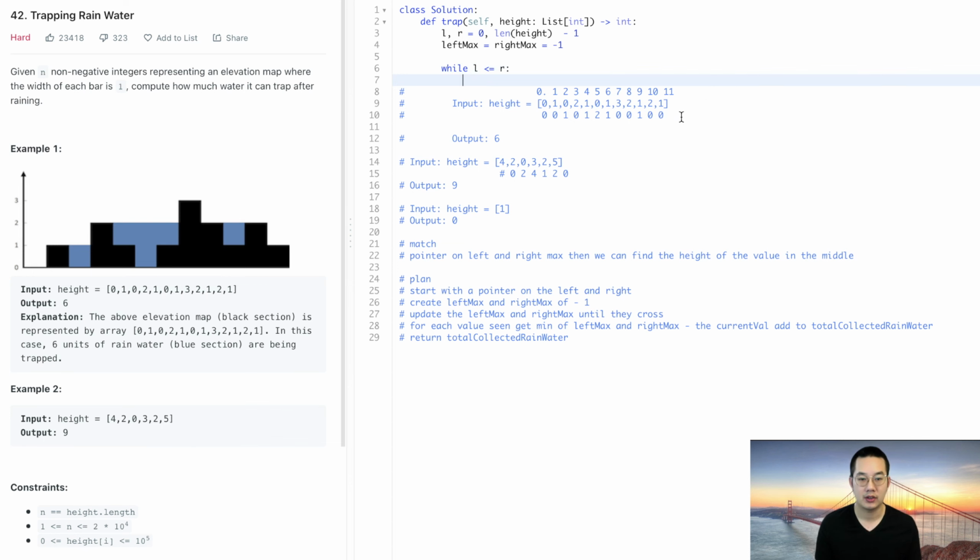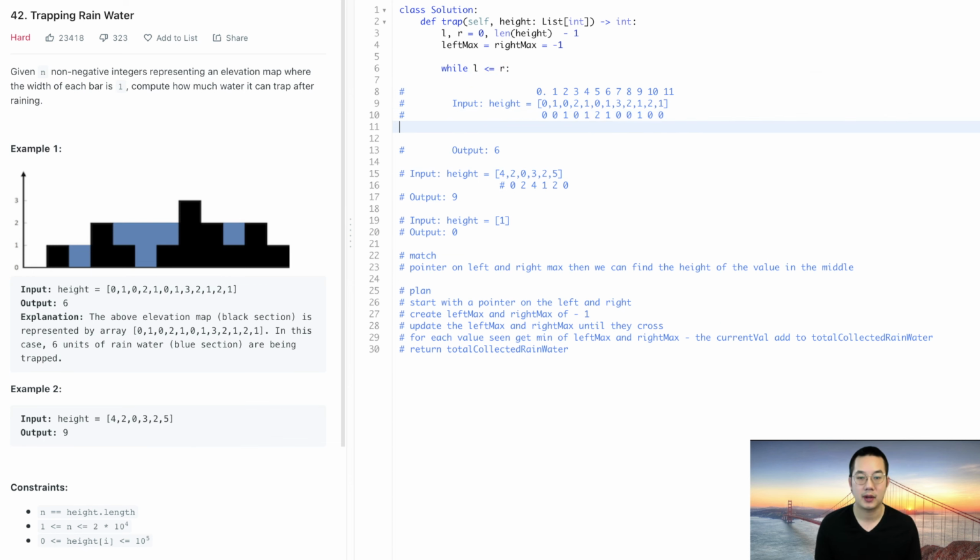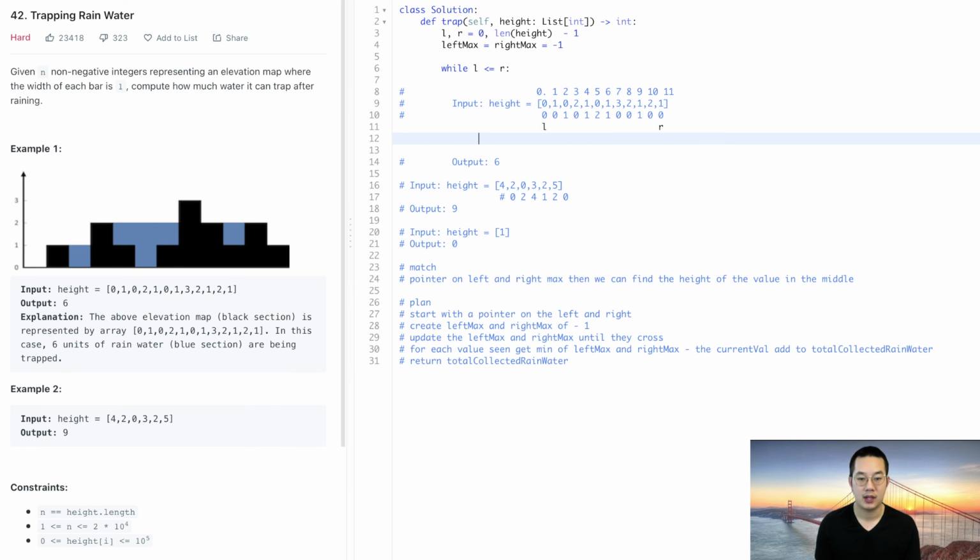So let's start on the left side, and let's talk about that on the right side. So currently on the left and the right, we have our left max at -1 and right max at -1. So let's update our left max and right max. So how do we know which one to update?